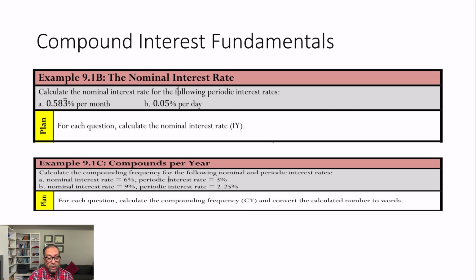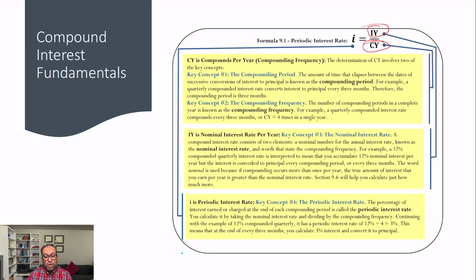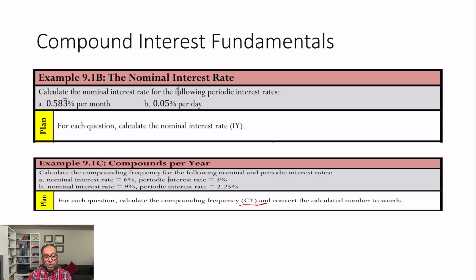Compounds per year: calculate the compound frequency for the following nominal and periodic interest rates. So we want to find out CY. So again, the same formula, but what is given? Nominal interest rate is given, IY is given, periodic interest rate is 3, I is 3, and what is CY? So let's start. This is question number 2 and the A part.